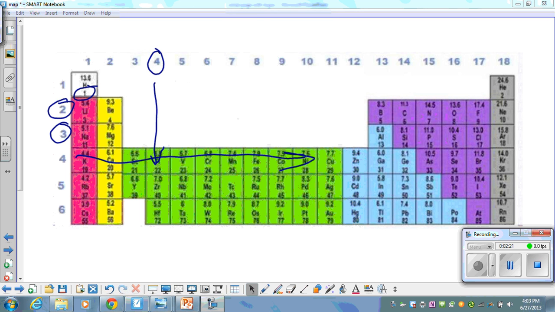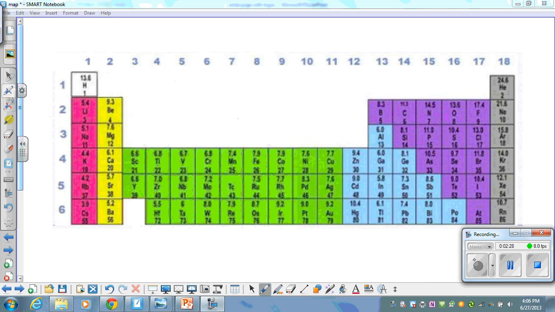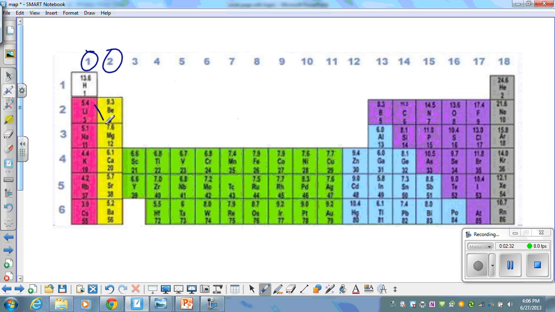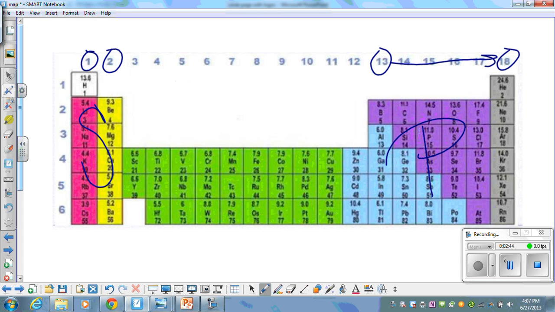These qualities allowed us to break the elements into another subcategory called blocks. The first two columns are what is called the S block. Groups 13 through 18 are called the P block.